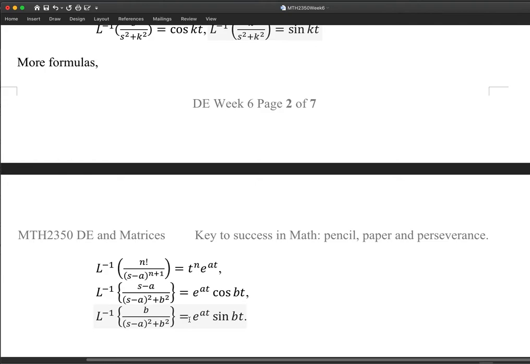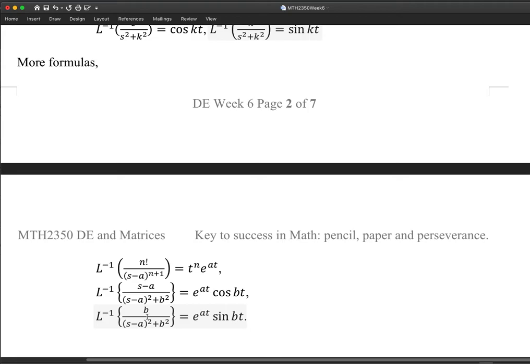A very similar situation for the inverse Laplace transform. If you have s being translated into s minus a, then you must have the exponential part for the inverse transform here, because all of the s are being translated into s minus a.